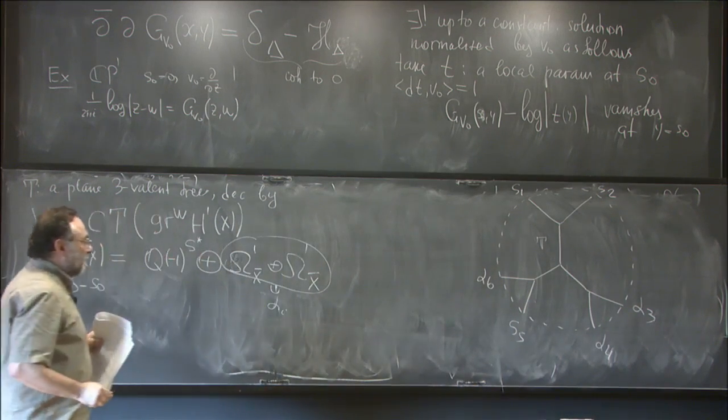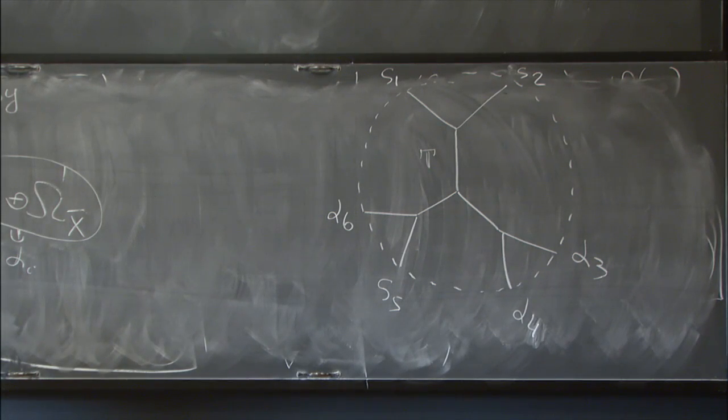Every external vertex is decorated either by a differential one-form or by a point. So that's the data. Is there some rule that two points don't follow each other? No rules. Just any collection like that. For example, all of them can be S, all of them can be alpha, no conditions.